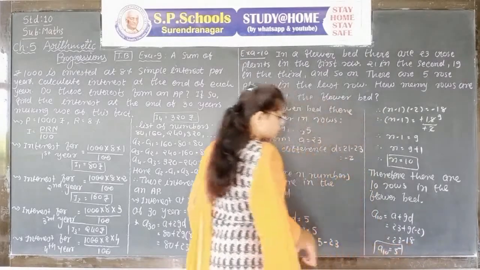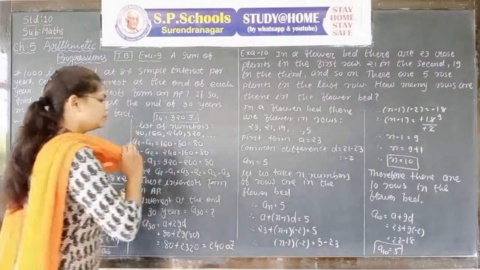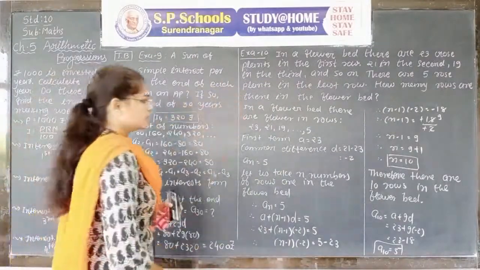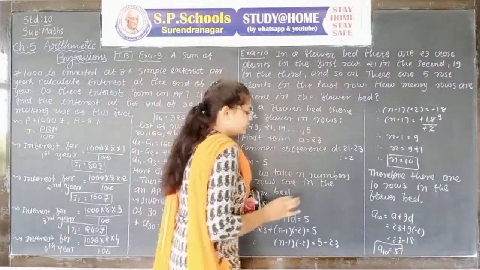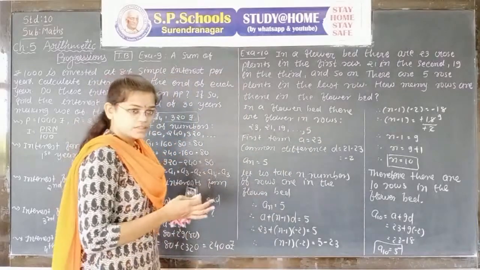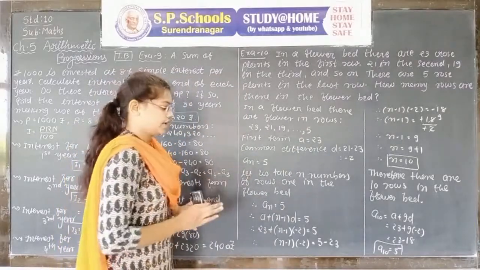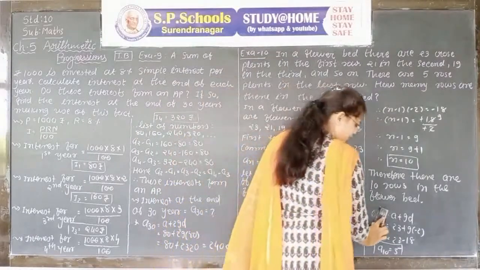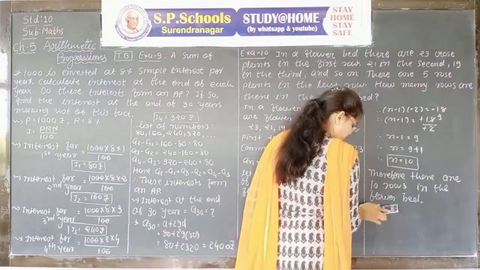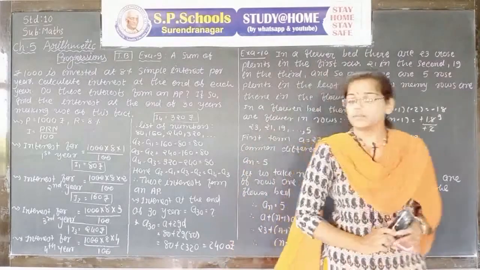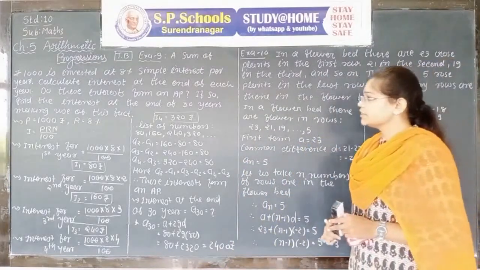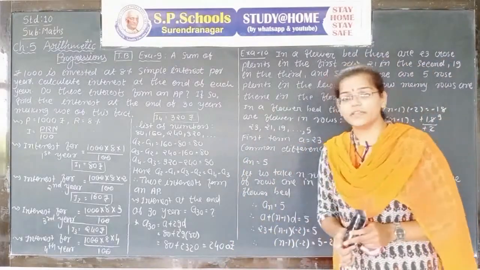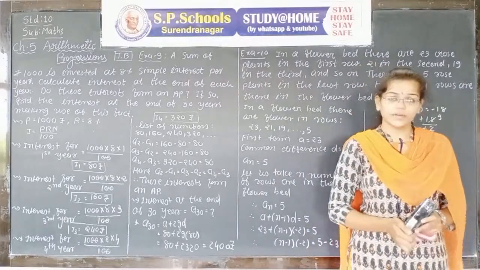A10 is equal to 5. There are a total of 10 rows. The 10th is the last row, containing 5 roses. That's why A10 is equal to 5 is obtained here. The verification is completed. The example from our textbook is completed here. Now, whenever we meet in the next session, we will discuss our exercise.